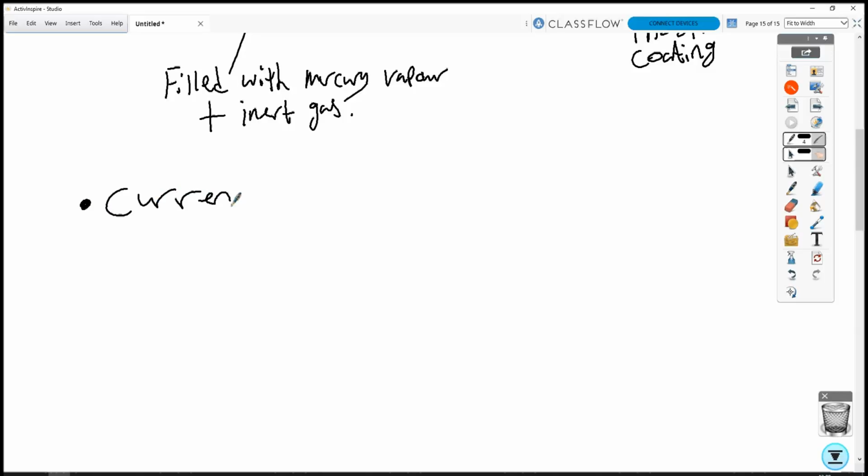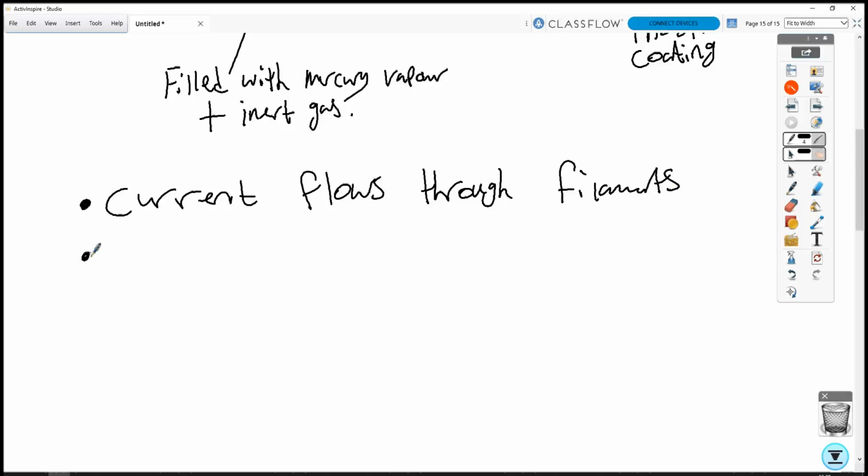So we write down: current flows through filaments. When current flows through filaments, filaments heat up, causing electrons to liberate.